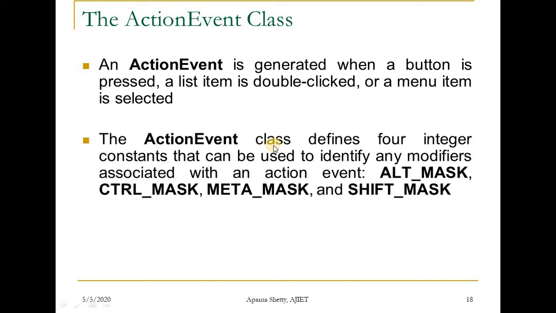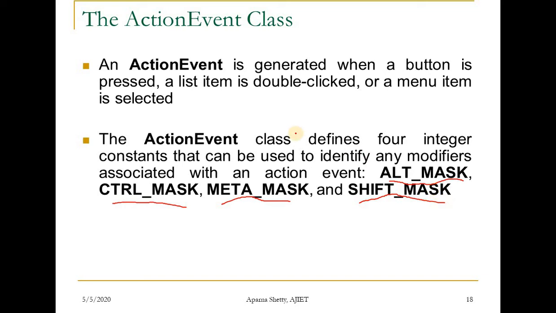The action event class defines 4 integer constants that can be used to identify any modifier associated with an action event. These integer constants are alt mask, control mask, meta mask, shift mask.